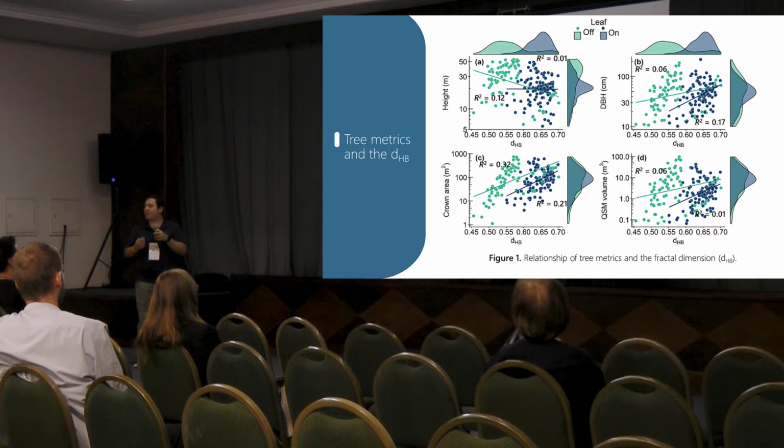So it seems that in point clouds of trees with leaves, the complexity tends to behave differently, and you can distinguish whether a point cloud has leaves or not.